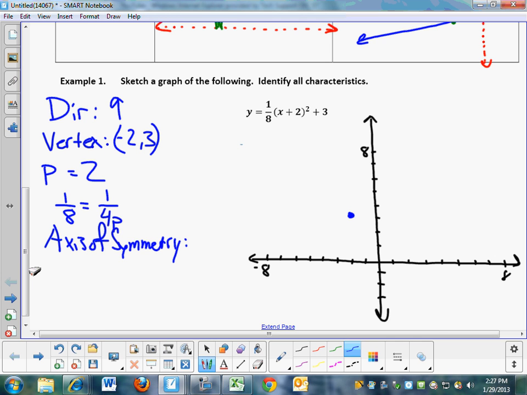So the axis of symmetry is going to run right through that. What is then the equation for the axis of symmetry? X equals -2.